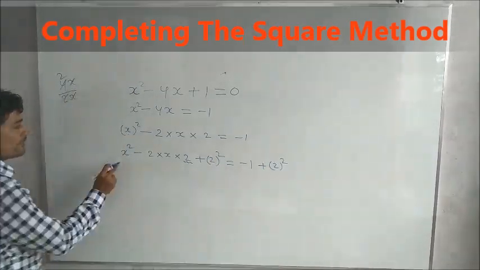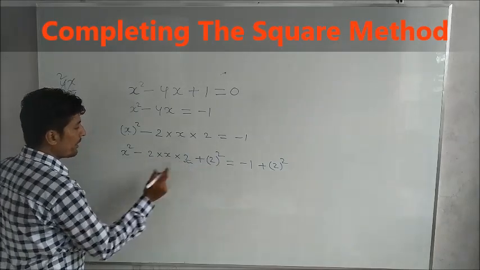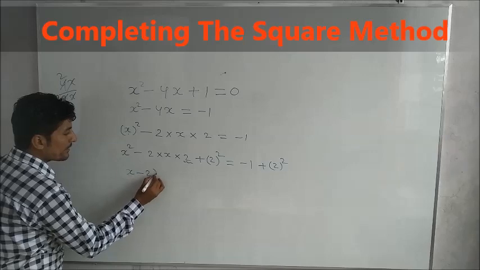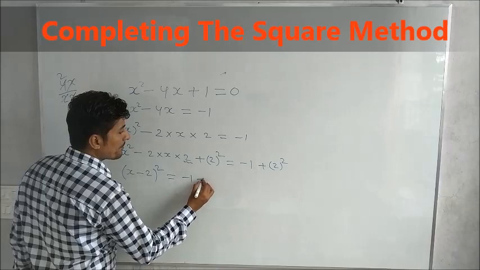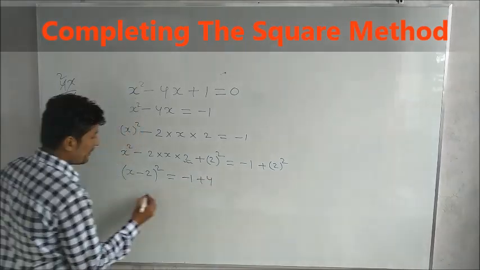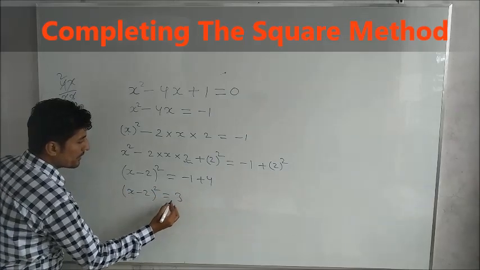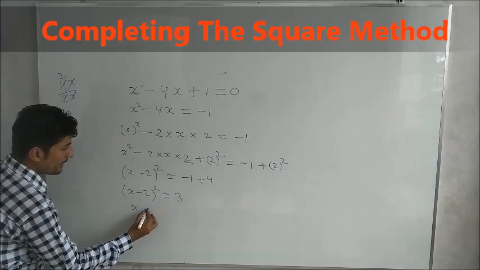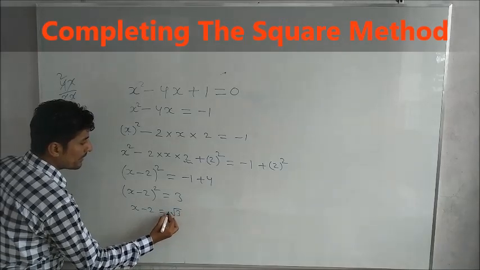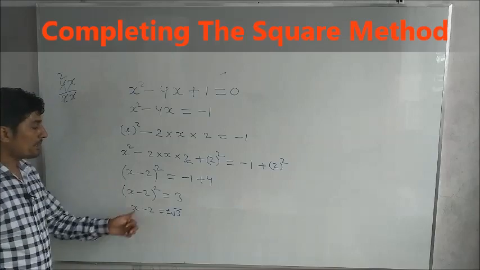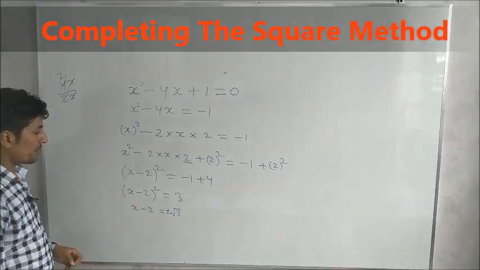Now here we can observe that a square minus 2 into a into b plus b square is a minus b whole square. So we can write here x minus 2 whole square equals minus 1 as it is, plus square of 2, which is 4. So x minus 2 whole square equals 3, or we can say x minus 2 equals plus minus under root 3, because we are sending the square toward the right side, so we write plus and minus both.